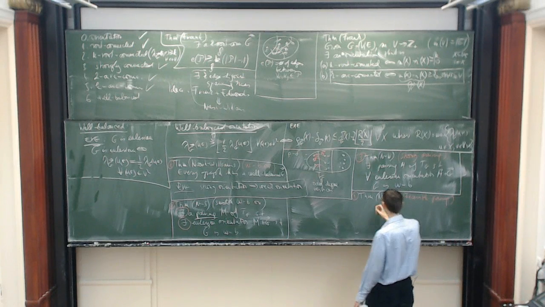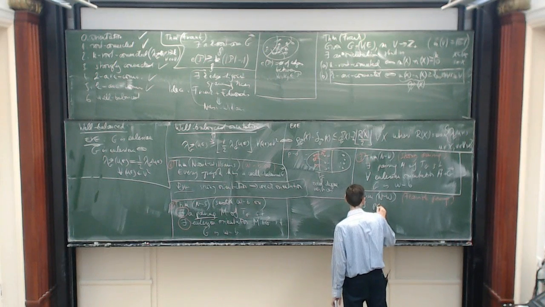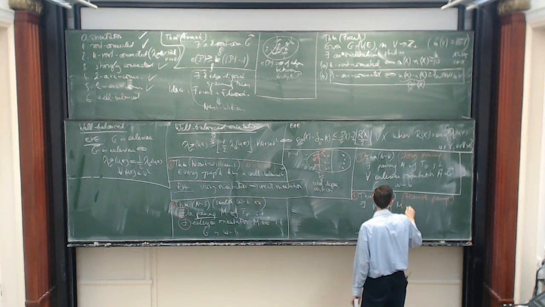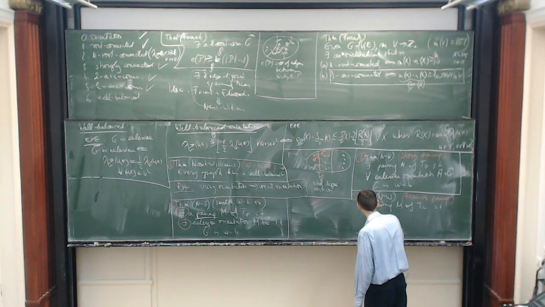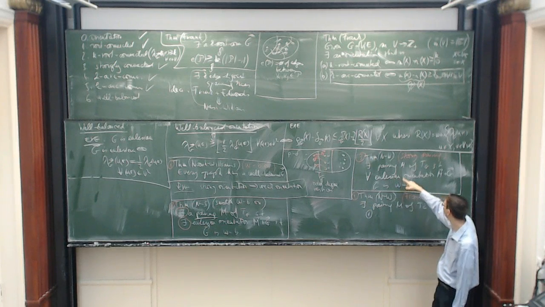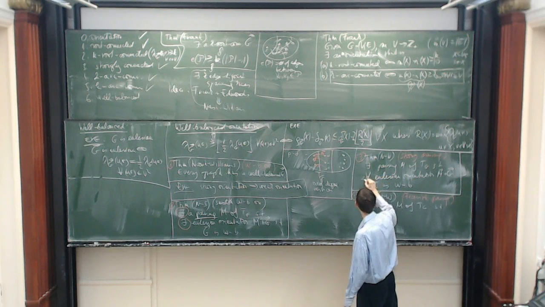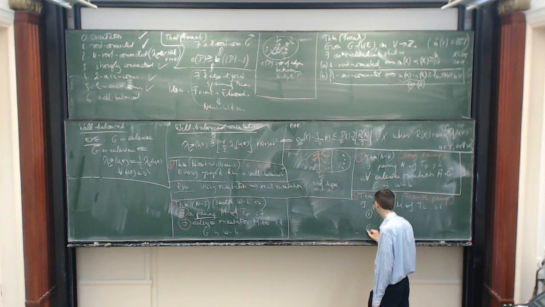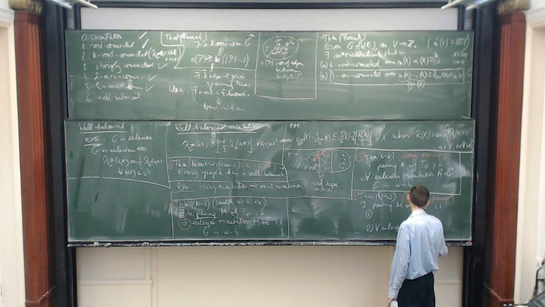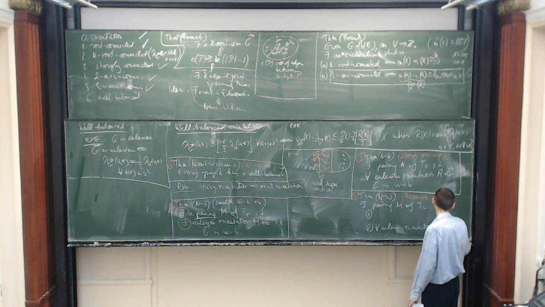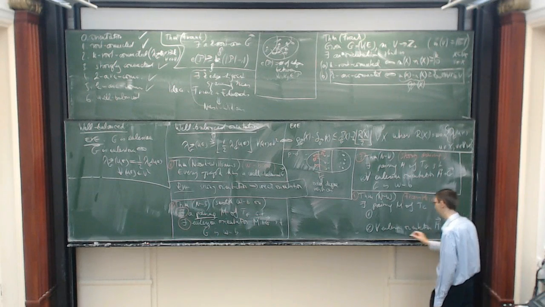So what it says: there exists a pairing M of T of G such that, first of all, as before, for every Eulerian orientation, G is well balanced.